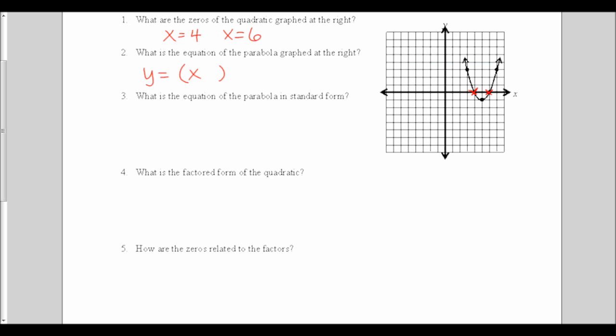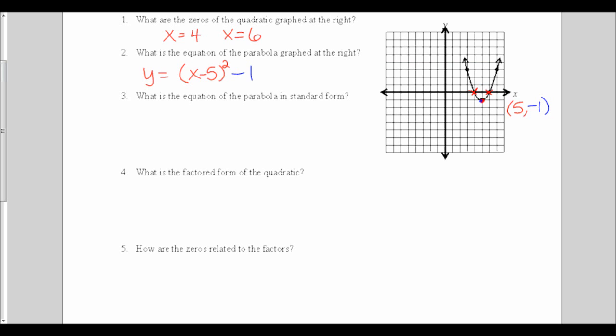In order to move my vertex over here, which would be 5 units to the right, I need to put a minus 5 on the inside of my x squared. It's an x squared because it makes a U shape. In order to move my graph down 1 unit for my vertex, I need to put a minus 1 on the end.